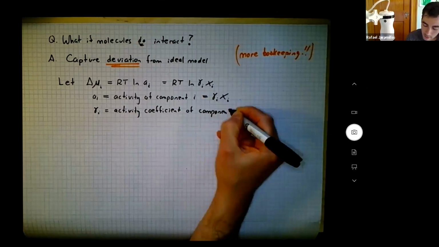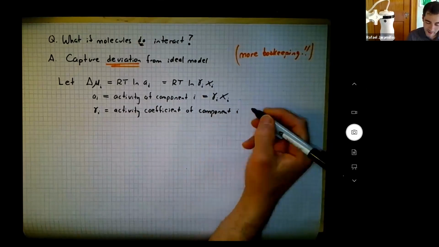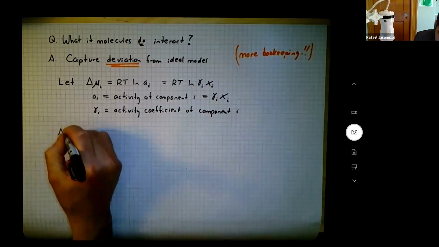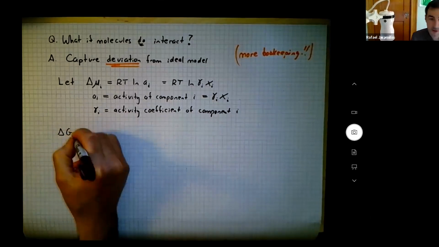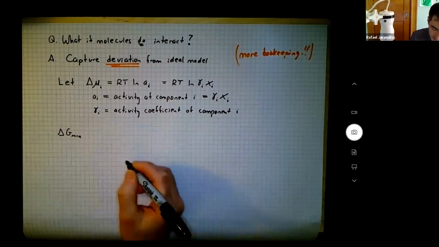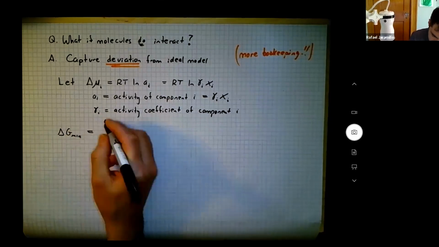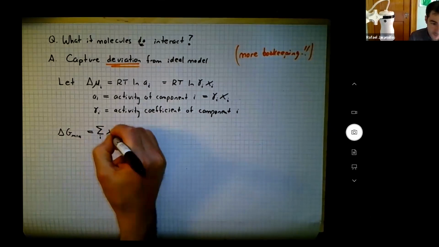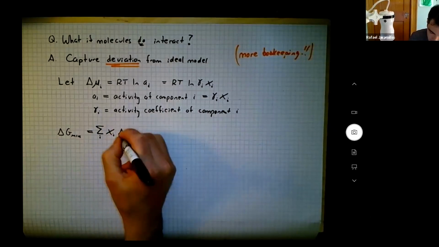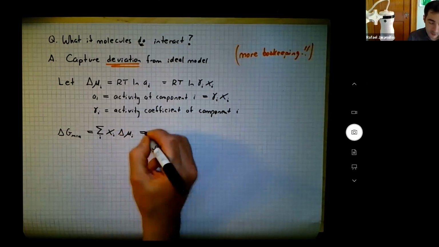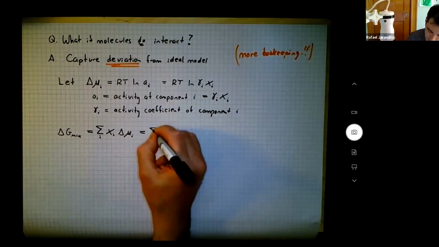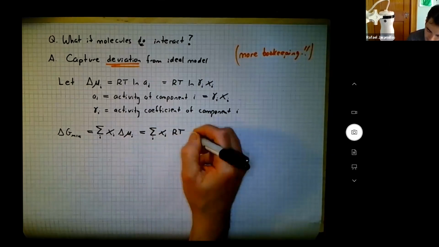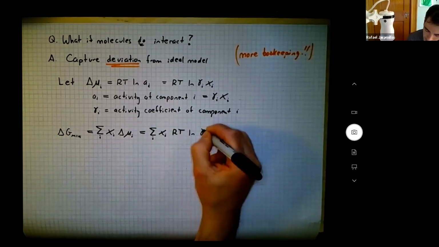And why do they do this to us? What is with all these terms? If we rewrite delta G of mixing in terms of these activities and activity coefficients, let me just pull what we know to be the case. This is x_i delta mu_i equals the product of x_i RT log gamma_i x_i.